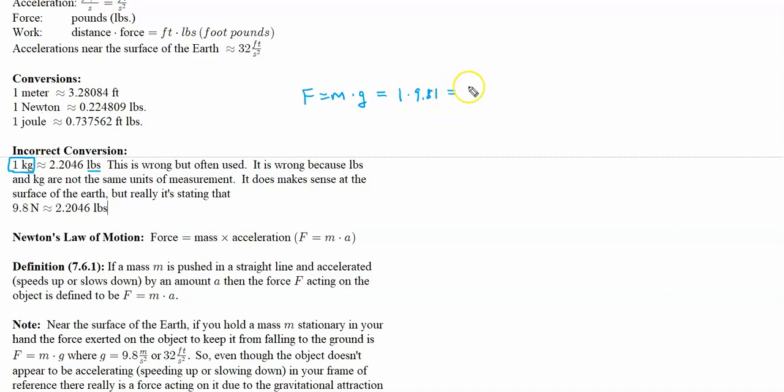And so that's 9.81 newtons. So really you should say 9.81 newtons is approximately 2.2046 pounds. That's a correct conversion. But people will oftentimes state the other, and it's sort of okay to think about that, but it's really only valid at the surface of the Earth.